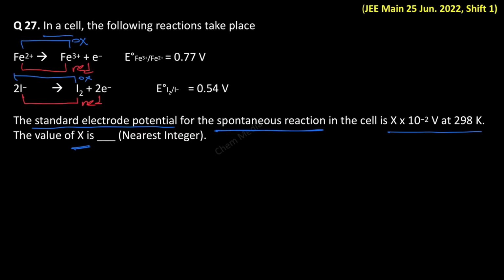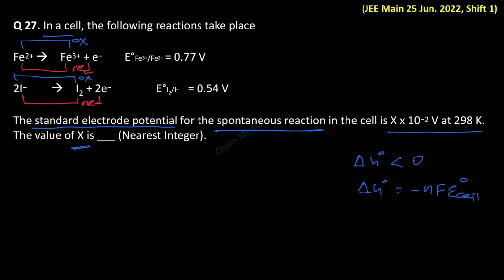Now the question says spontaneous reaction. When would a reaction be spontaneous? Only when the standard Gibbs energy is negative, that is less than 0, then only it can be spontaneous. And we know that delta G standard is equal to minus nF Ecell standard.